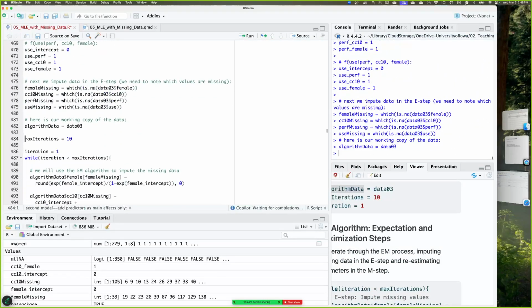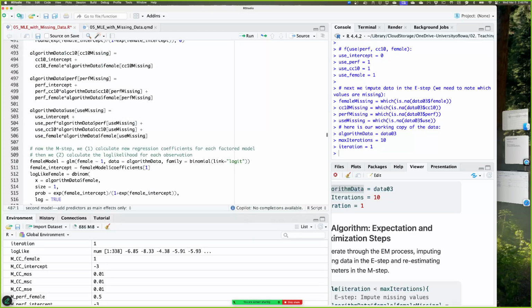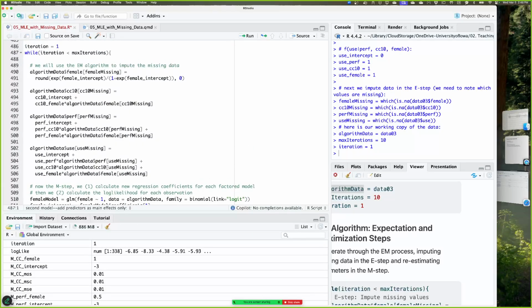And now I'm in my, this right here is the EM algorithm in my while loop. Now, again, I'm not expecting any of you to do this. I'm showing you this to sort of complete the book. Okay? So, the E step, we take each of our regressions and we fill in the missing data with what our predicted value for each will be.